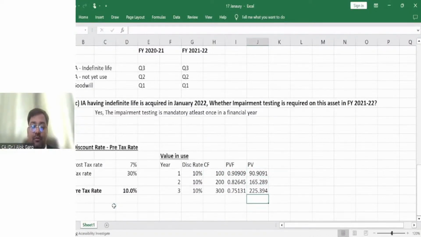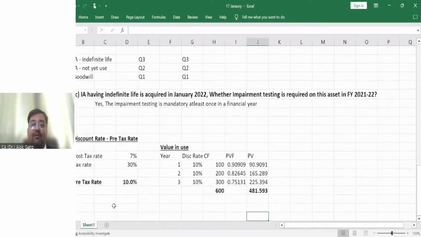So the present value of the total cash flow of 600 is 481.59. This is your value in use. I hope you have understood these calculations. Is it clear? No, opportunity cost should not be considered in value in use.